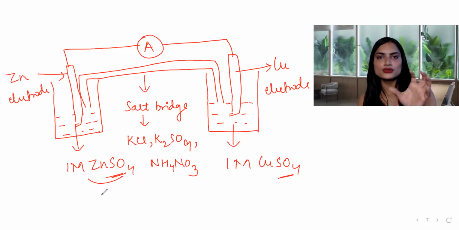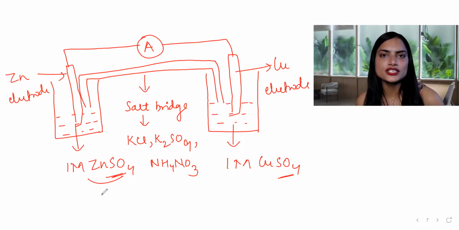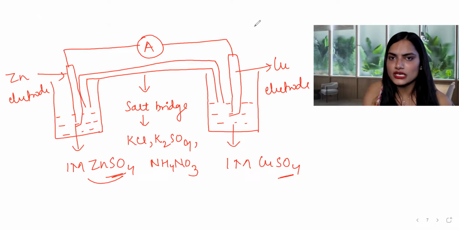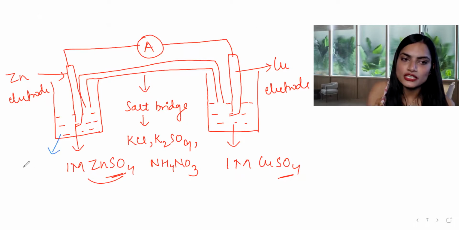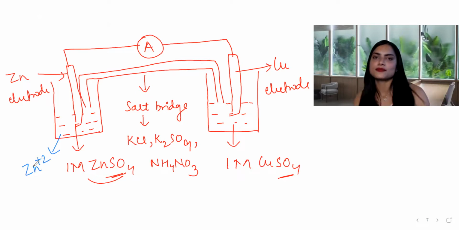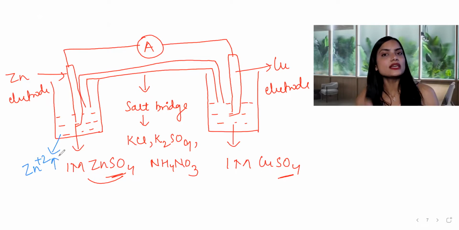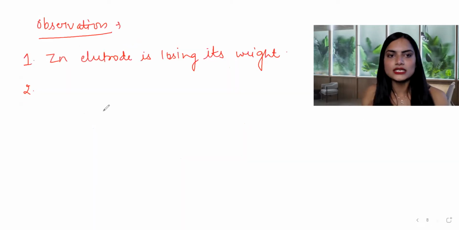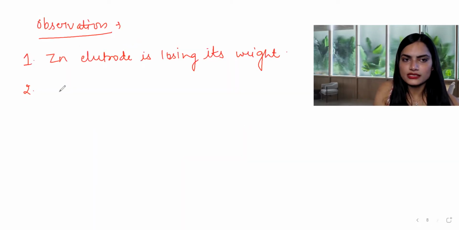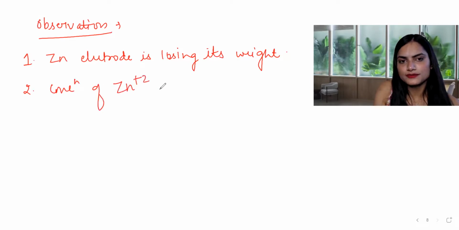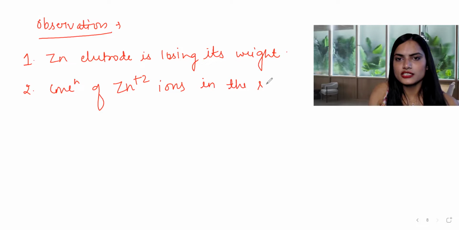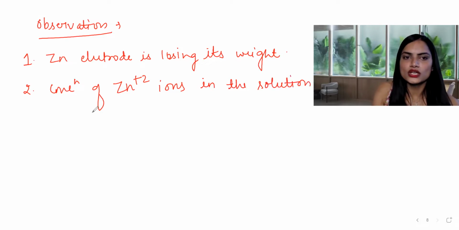When you dipped the zinc electrode into ZnSO4 solution and copper into copper sulfate solution and completed the circuit, it was observed that the concentration of Zn plus 2 ions in the solution was increasing. I'm writing here that the concentration of Zn plus 2 ions in the solution was increasing.